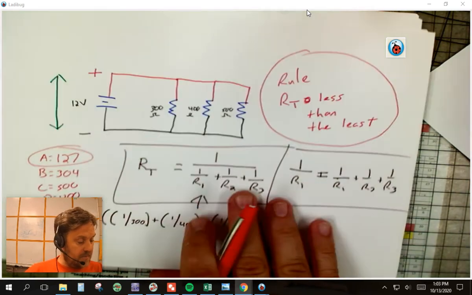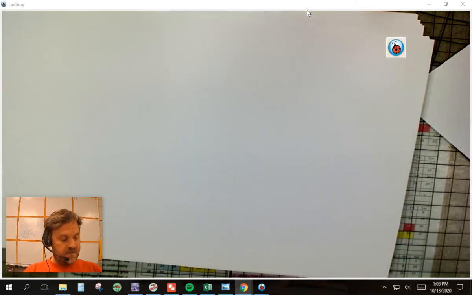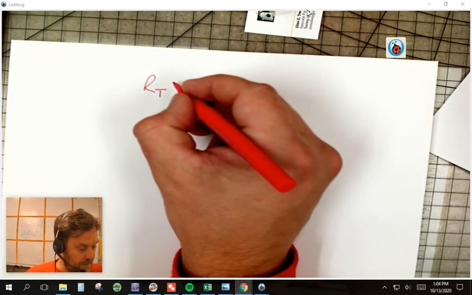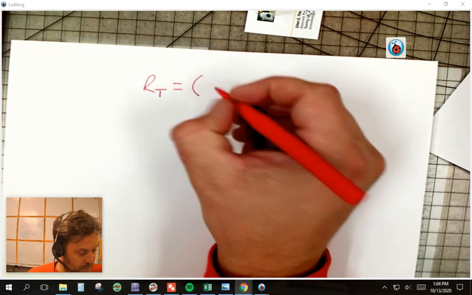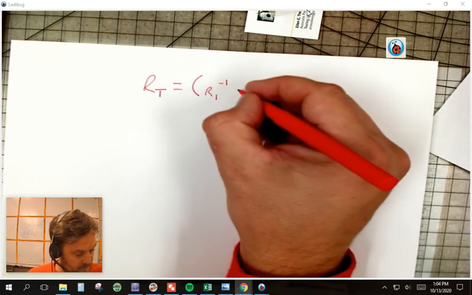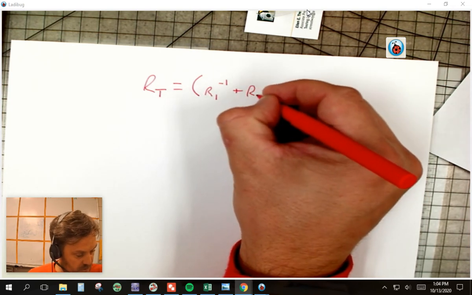Now, here's the way that I'm going to teach you to put that in your calculator. You ready? Here's the formula for resistance total in parallel. We're just going to use inverse.